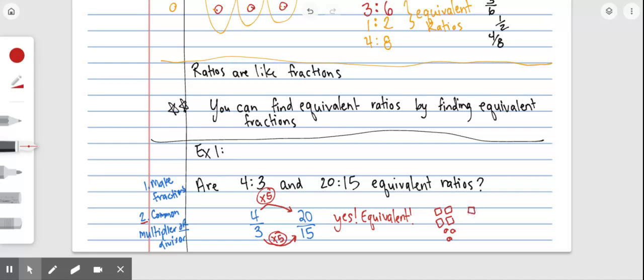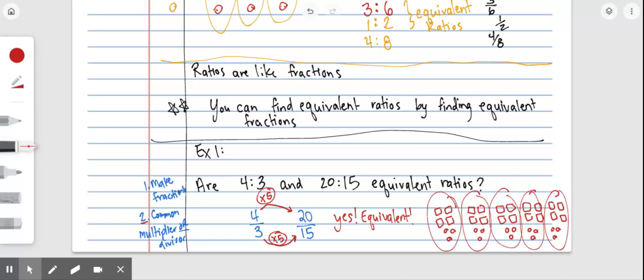So 4, 5, 6, up to 20, and for the circles 3, 6, 9, 12, 15. Okay. Hey, look what I've done is I've set up these equivalent ratios into 5 different groups.